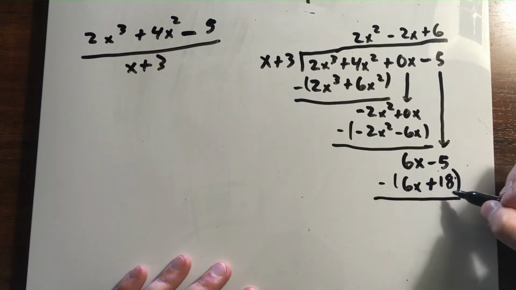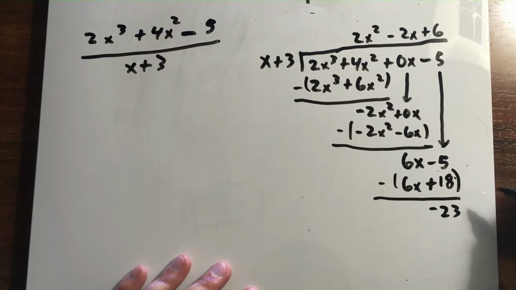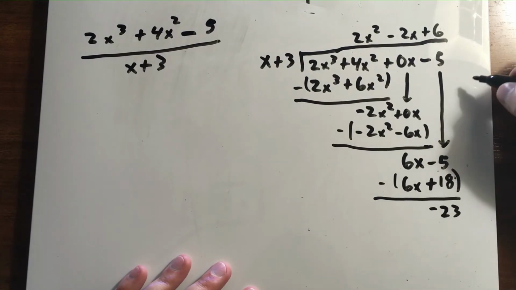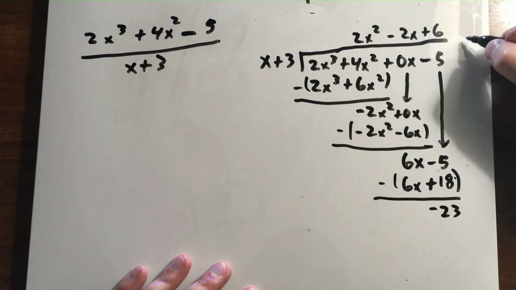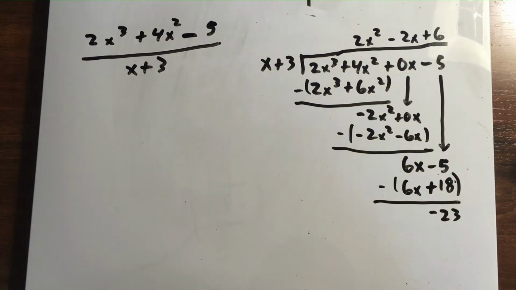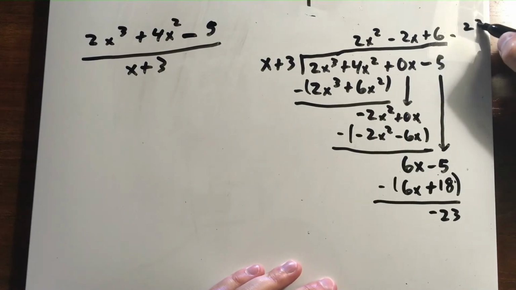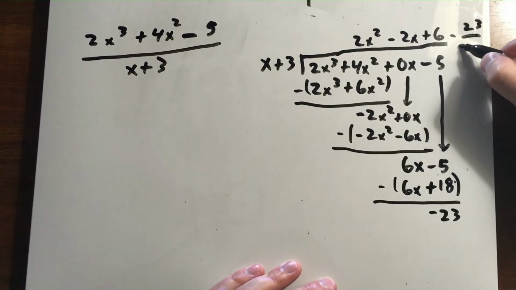Negative 5 minus 18 is negative 23, and that will be your remainder. You could put the remainder right here as remainder of negative 23. Or you could write it out, since it's a negative, as minus 23 over x plus 3.